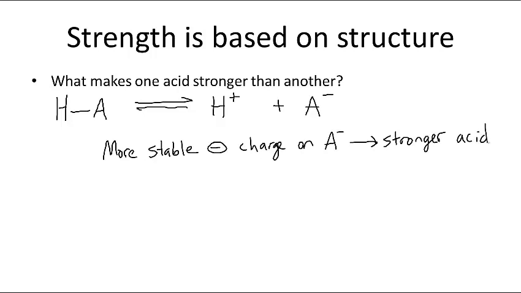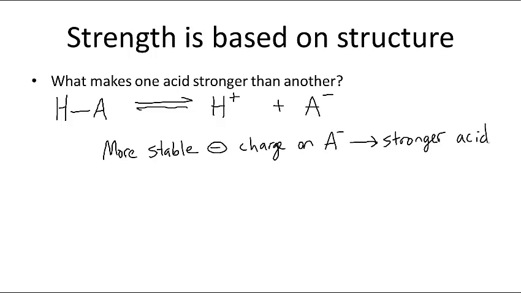What else? All right, electronegativity. That's one factor that might make A minus more stable. So usually more electronegativity of A will stabilize the negative charge. Another way to look at it: in my original acid molecule, what kind of partial charge would we expect there to be on H?